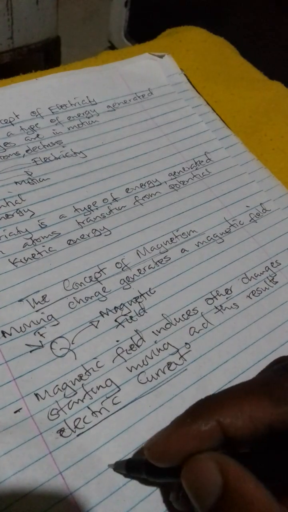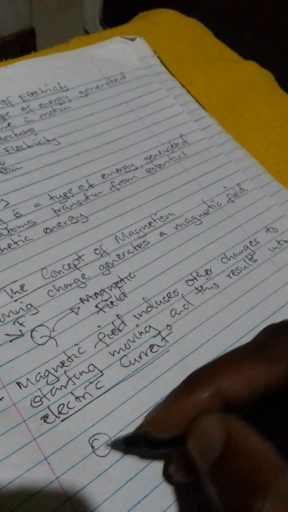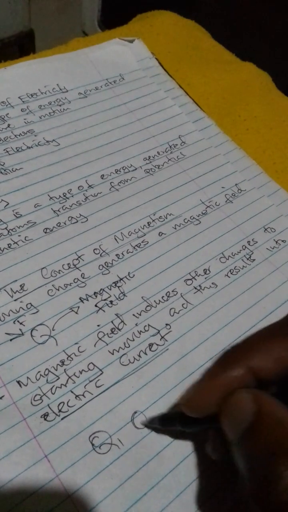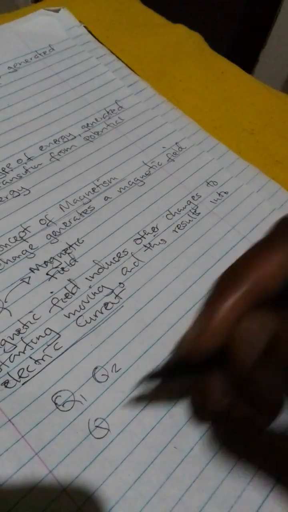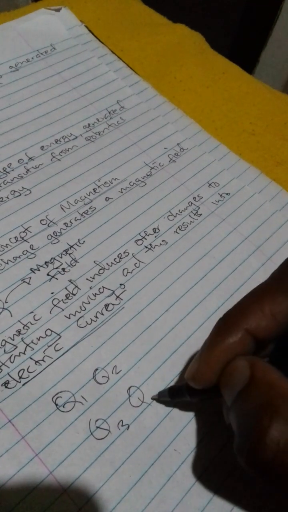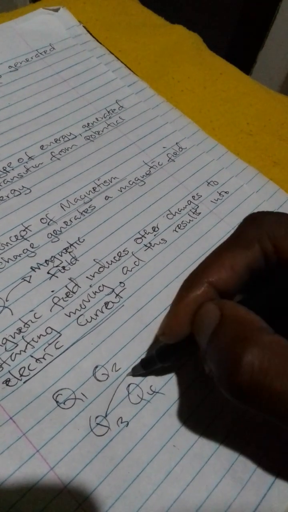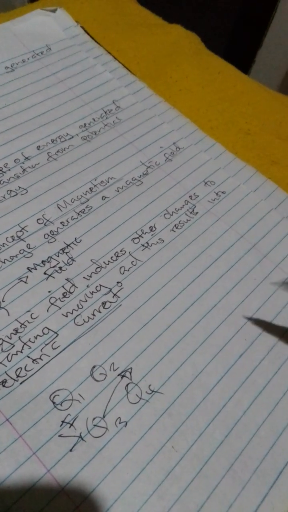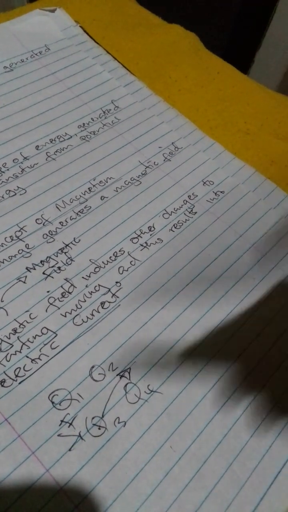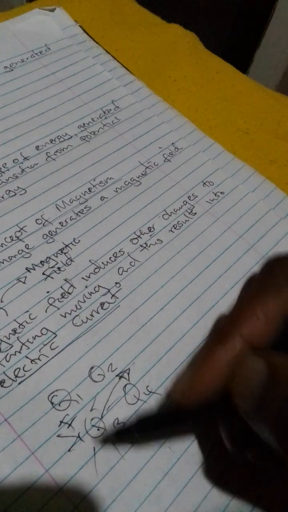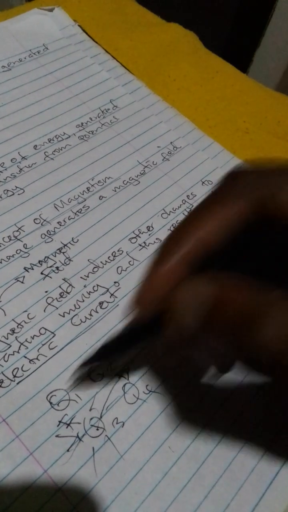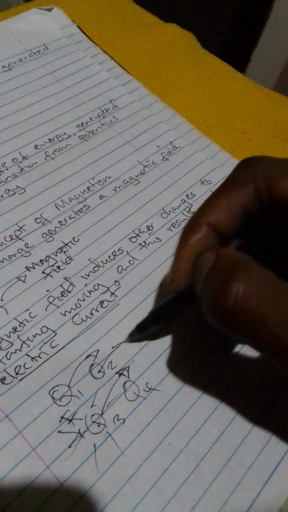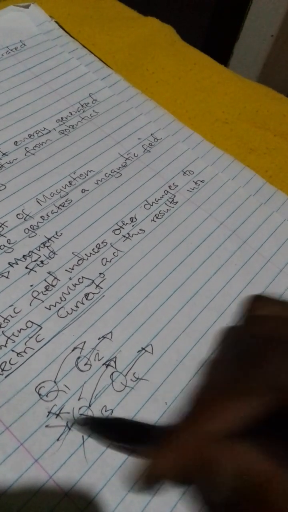So we know that if there's a sea of electrons or atoms like this, 1, 2, 3, 4, and we apply a force to this charge here and it begins to move in this direction, it's going to generate a magnetic field around it. This magnetic field will induce other charges to start moving in that same direction. So as a result, when all these charges start to move in that same direction, we're going to have what?